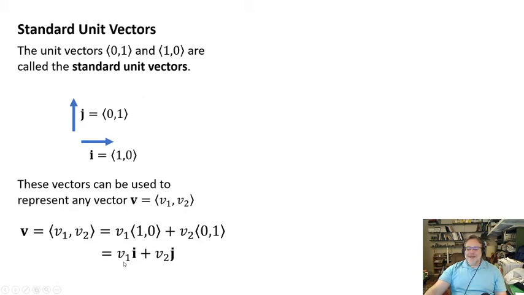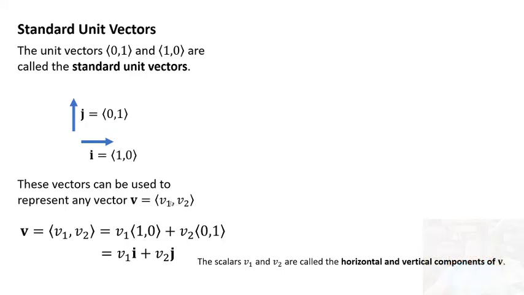And so that means it's v1 times i plus v2 times j. So we can express this vector in terms of i and j according to what its components are. It's v1 of the i's and v2 of the j's. And the scalars here and here are called the horizontal and vertical components of v. The horizontal and vertical components of v.